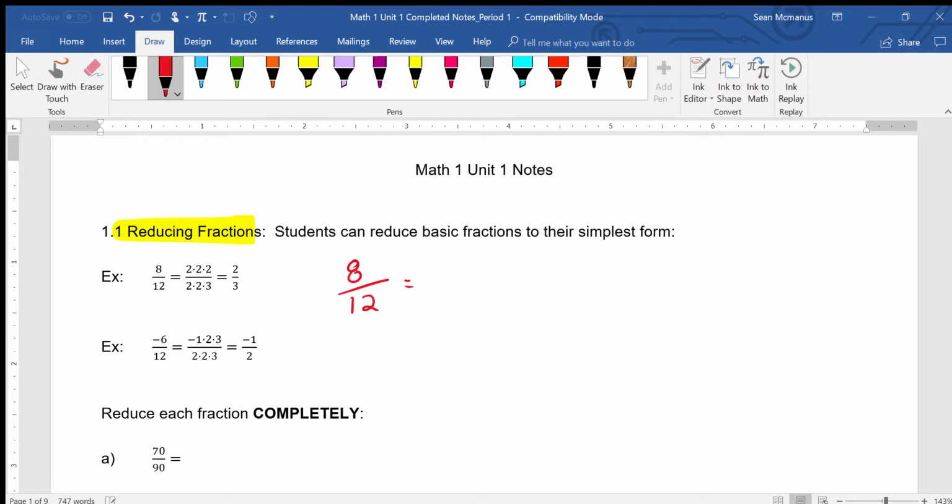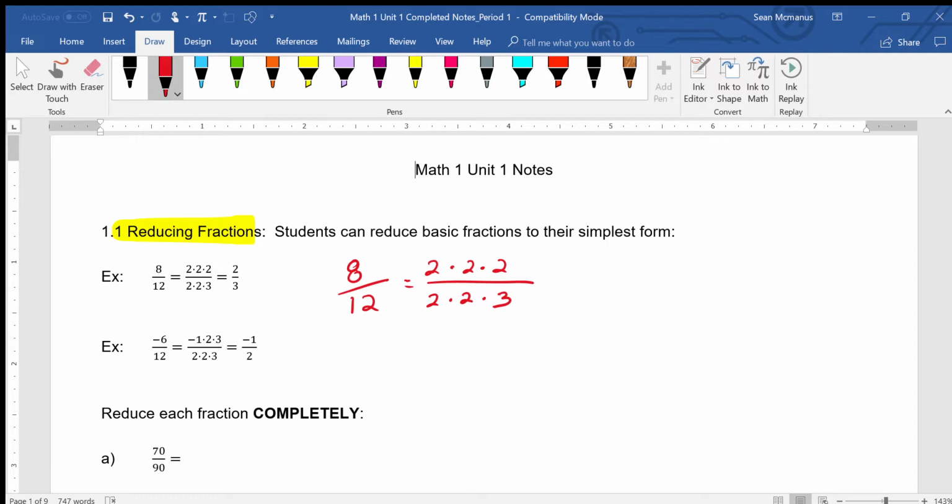But really, if I think about what I'm doing when I reduce fractions, I'm breaking down each number, the numerator, the top, and the denominator, the bottom, into factors. 8 is 2 times 2 times 2, and 12 is 2 times 2, which is 4, times 3 is 12.